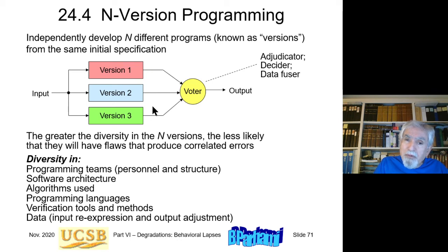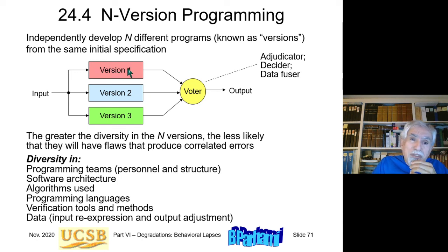So the outputs may be correct, but slightly different because floating point computations have errors in them. So the voter cannot just simply compare these three to see if they're identical, or two of them are identical and different from the third one. But it needs to sort of process these inputs and ensure that there is agreement between them. They won't be identical, but they may be in agreement within the level of error tolerance that we have.